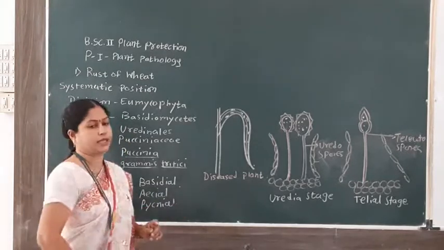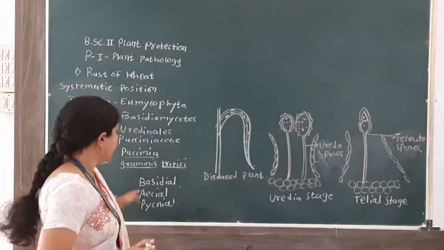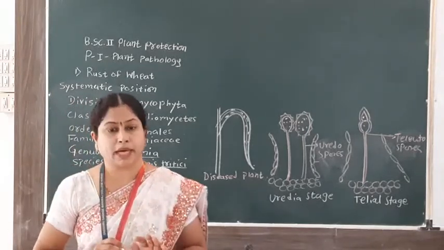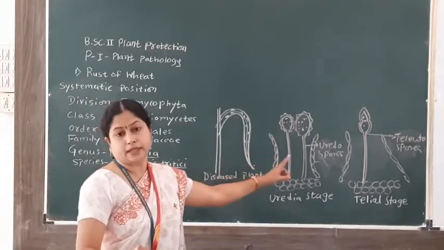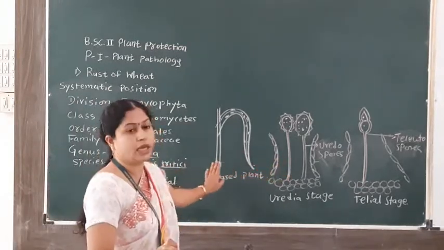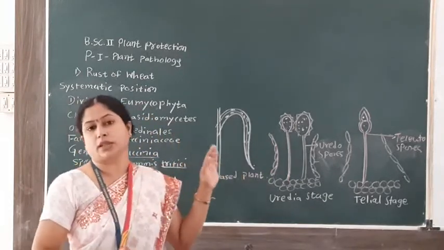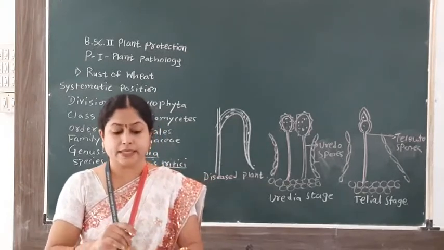This basidial stage is found on plant debris. Next, the aecial and pycnial stages are found on the barberry plant. These two stages, uredial and telial, occur only on the infected wheat plant. Next is the disease cycle.